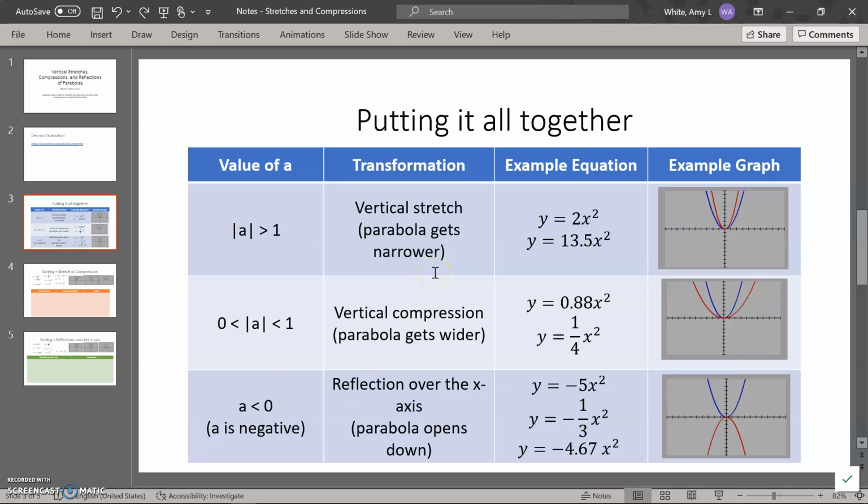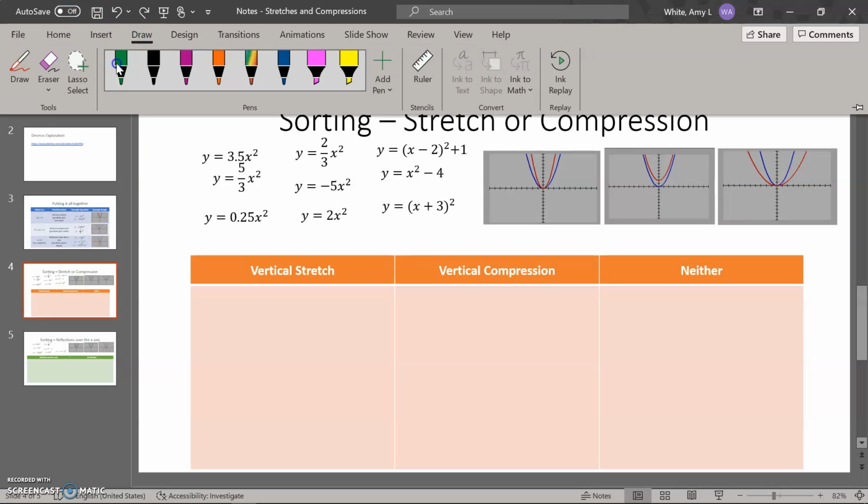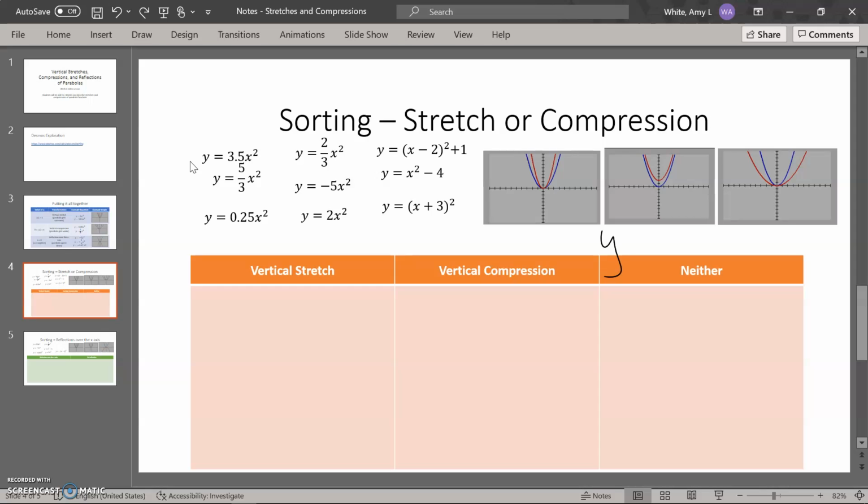So now we're going to practice sorting and identifying what types do we have, stretches or compressions. So remember, all of our equations right now are written in the format y equals a times x minus h squared plus k.